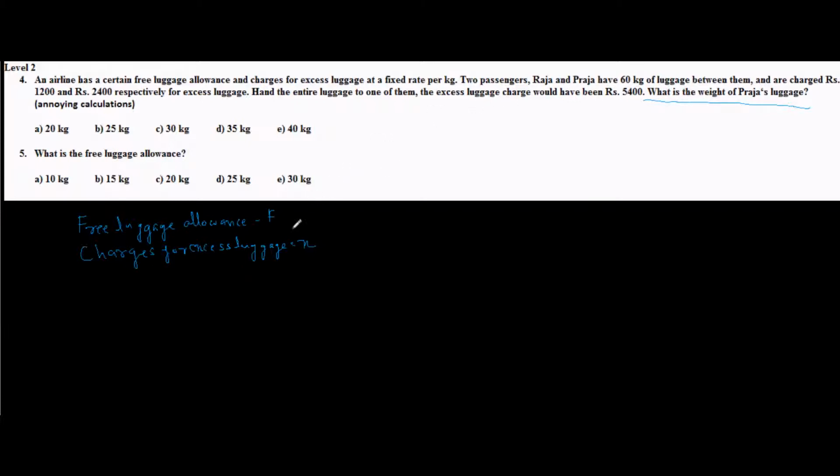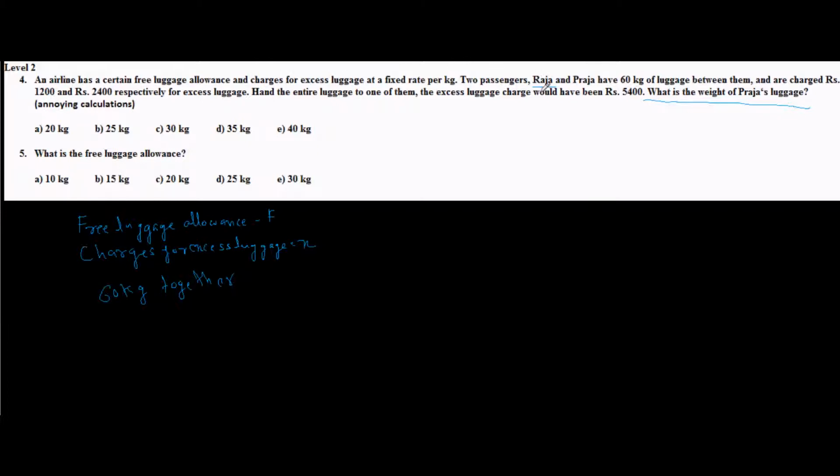So before I start forming the relations between my unknowns, I see that they have 60 kg of luggage together, whose distribution could be anything: 30, 30, 35, 25, 40, 20, anything. But they have 60 kg together. But at the same time, I also found that they are charged rupees 1200 and 2400 respectively.